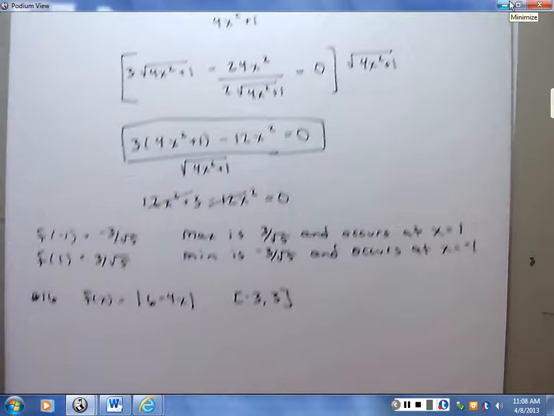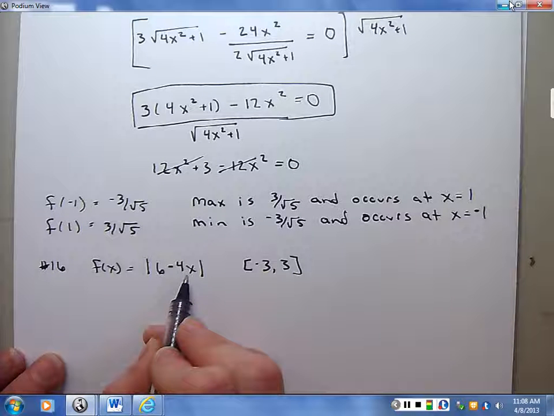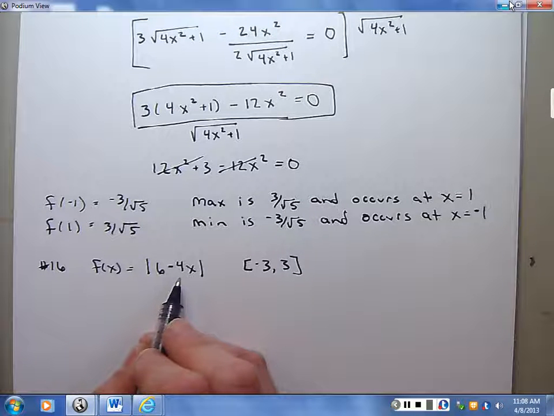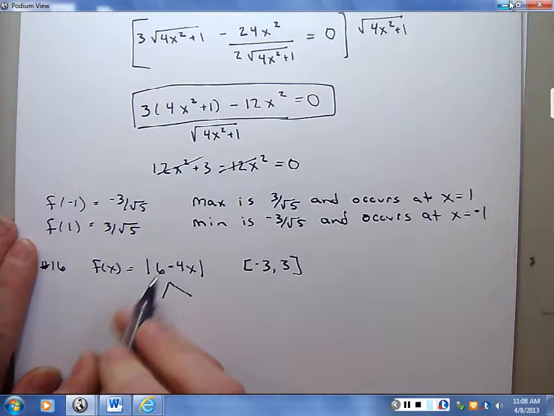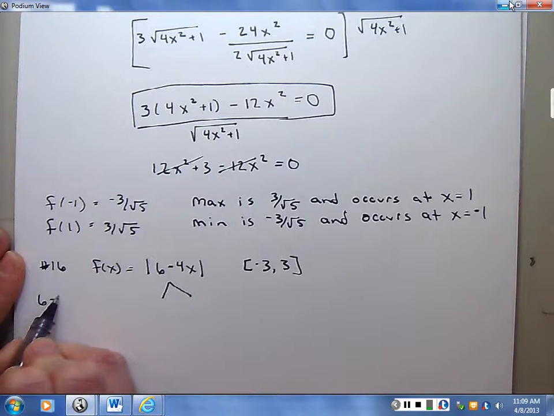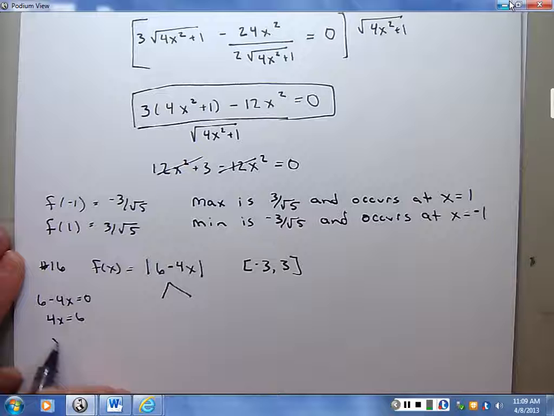So finding the critical points, well, first off, I want to set when the derivative equals 0 or is undefined, right? So I can break this up into two parts. When does 6 minus 4x equal 0? Well, 4x equals 6, so x equals 6 over 4, which would be 3 over 2.